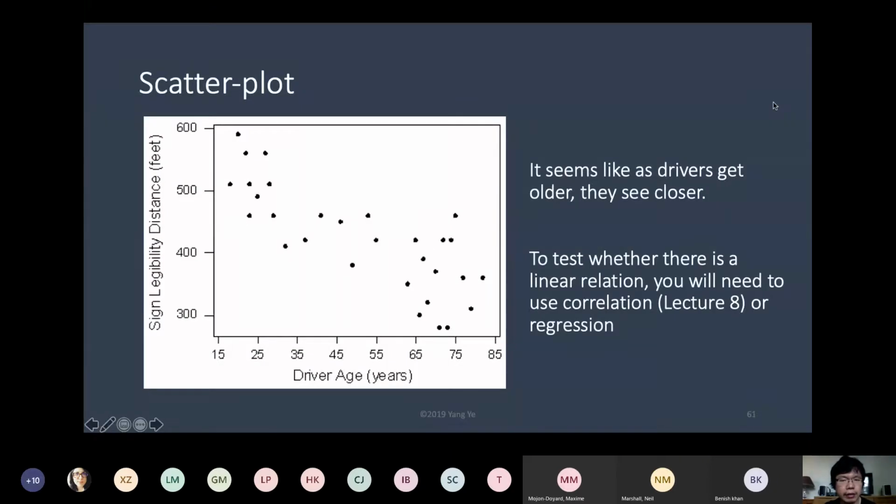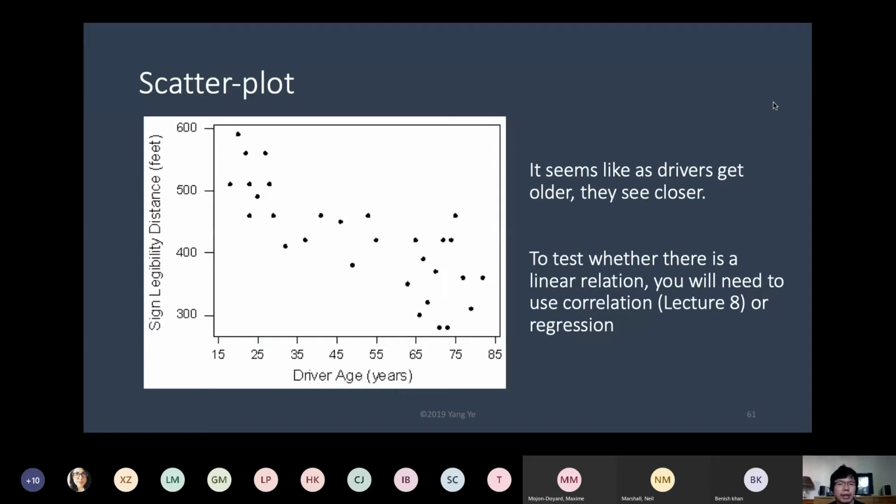This is the finished scatter plot for all 30 drivers. Again, we have 30 dots because we have 30 observations. This gives us an idea about the relationship between these two variables. It seems that as drivers get older, they see closer, right?